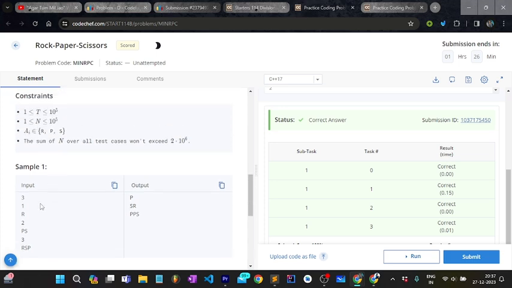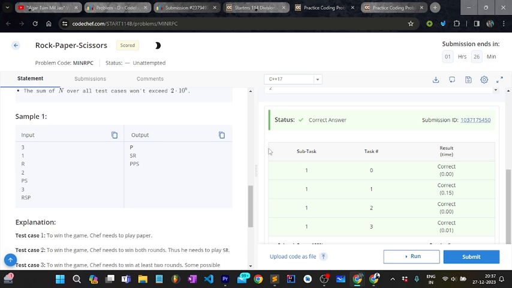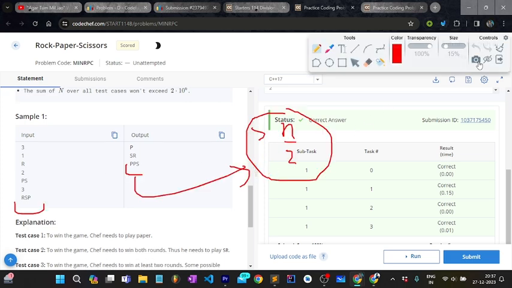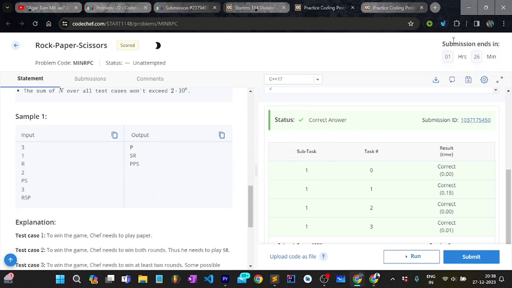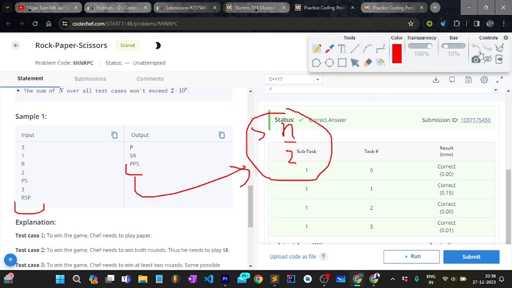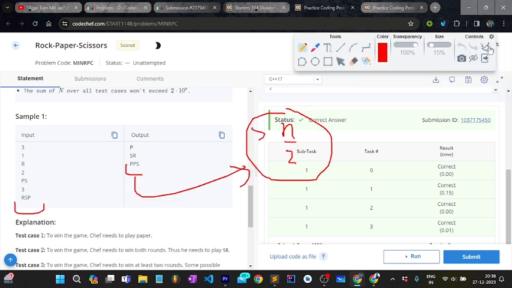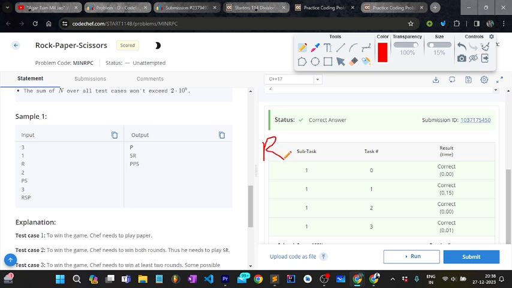So the problem seems quite easy, and all you have to do here is simulation and simple implementation. Now let's see what we can do. For example, if I'm taking the third test case, that is R, S and P, meaning Shefina has played her moves as rock, scissor and paper.